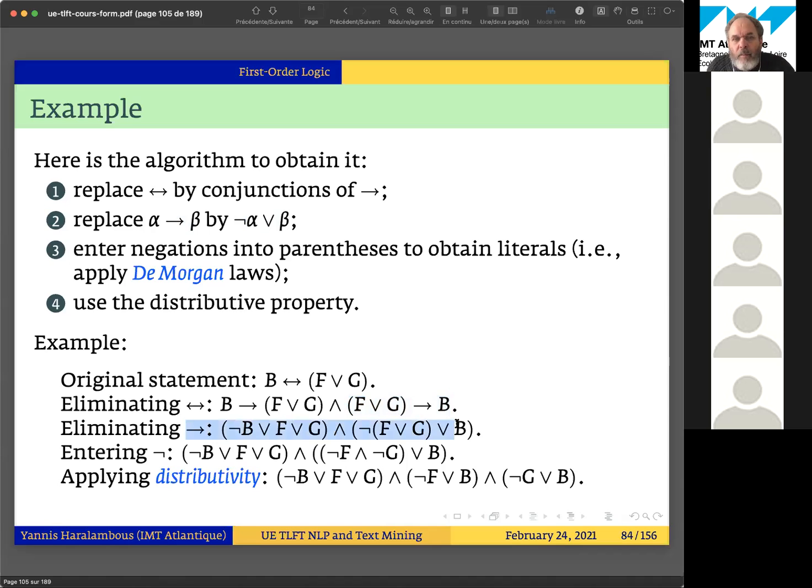Then I enter negations into parentheses. So here I have this negation outside the parentheses. If I enter it using De Morgan laws, I get this. And finally, apply the distributive property. So this B here can be entered into the parentheses as not F or B and not G or B.